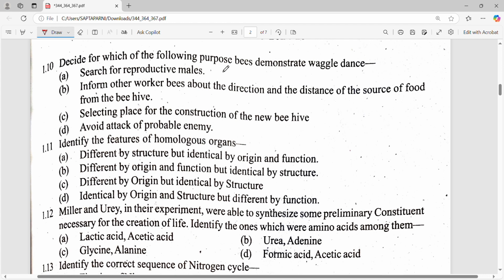Decide for which of the following purposes bees demonstrate the waggle dance. The worker bees do the waggle dance to inform other worker bees about the direction and distance of the source of food from the beehive. Next, identify the feature of the homologous organs. Homologous organs are those organs which are identical by origin and structure but different by their function. So the correct answer is option D.